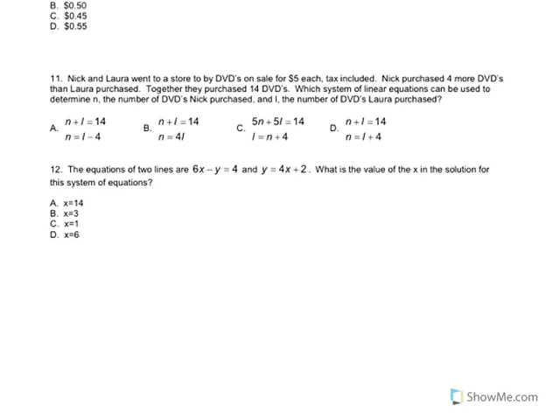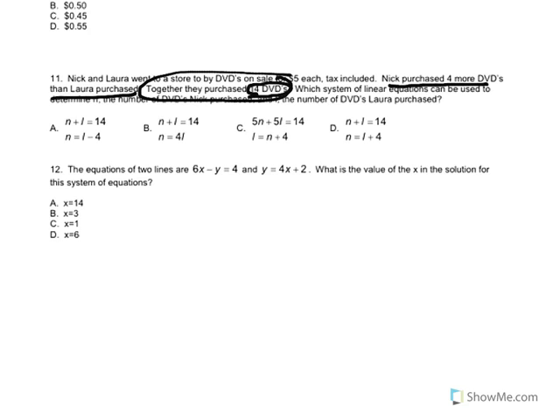Okay, so we have two things going on here. We have the number of DVDs that they purchased together, and that is 14. And then the other thing we have is the relationship between the two. Nick purchased 4 more than Laura did. First, let's figure out this part right here.